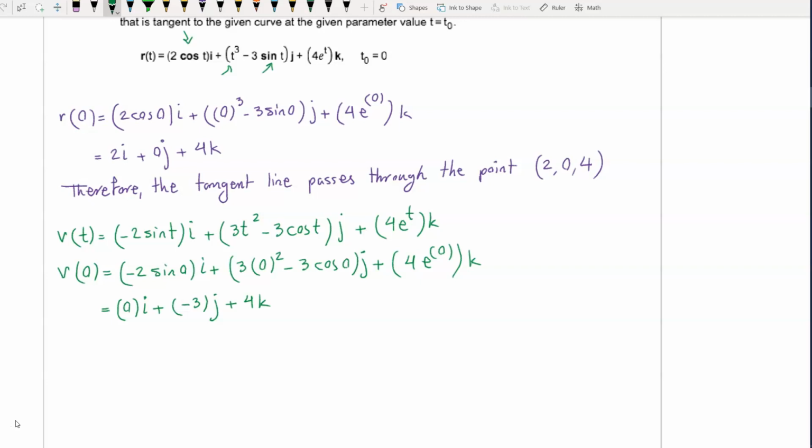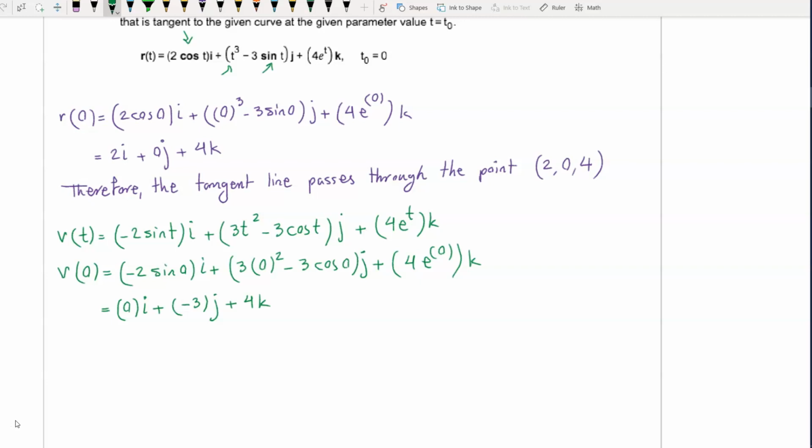And now finding what we have for velocity when t is 0. This is negative 2 times sine 0 i plus (3 times 0 squared minus 3 times cosine 0) j plus 4 times e to the power 0 k.